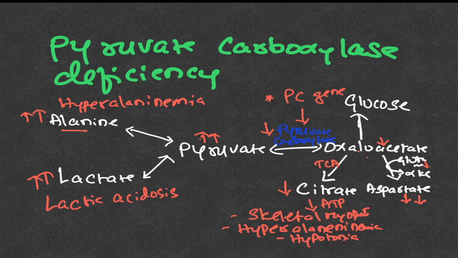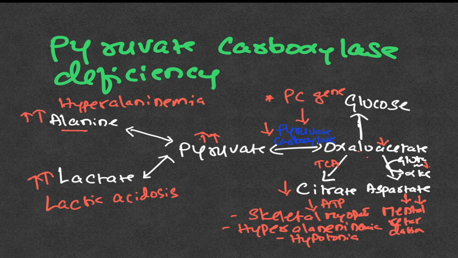Note that especially in the central nervous system, a decrease in aspartate or a decrease in glutamate will give rise to mental retardation and neurological degeneration.